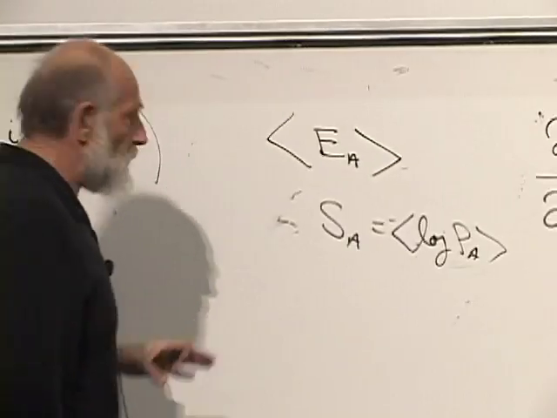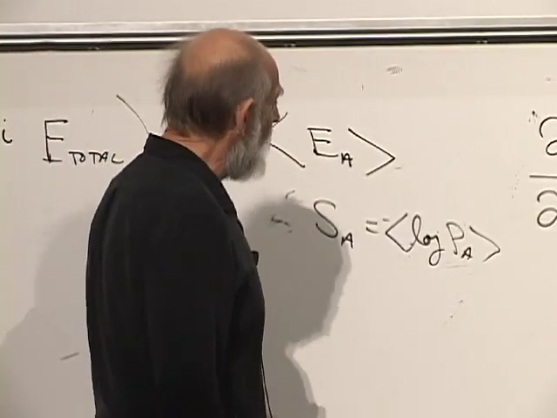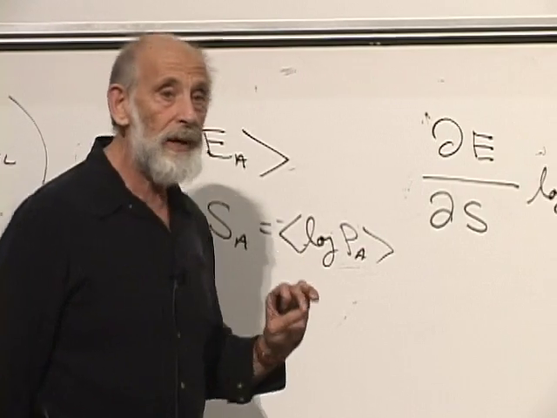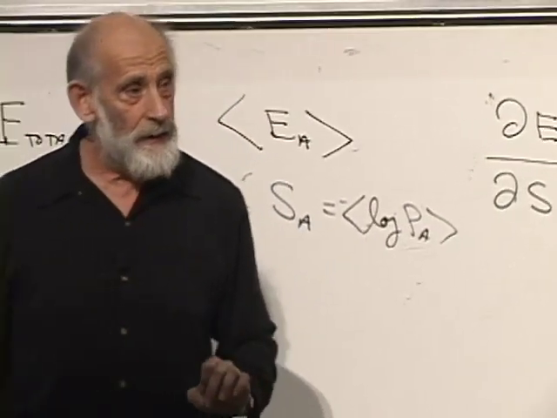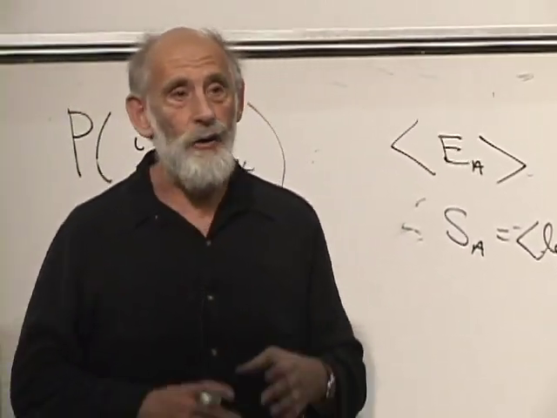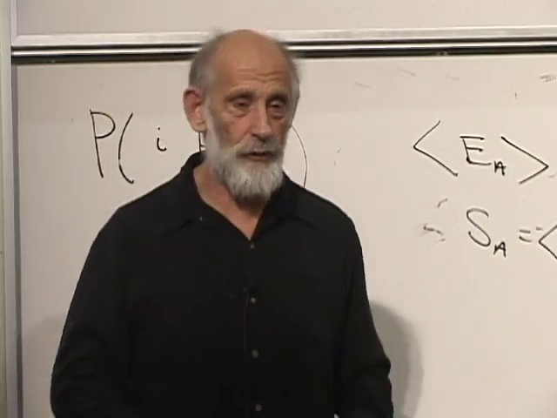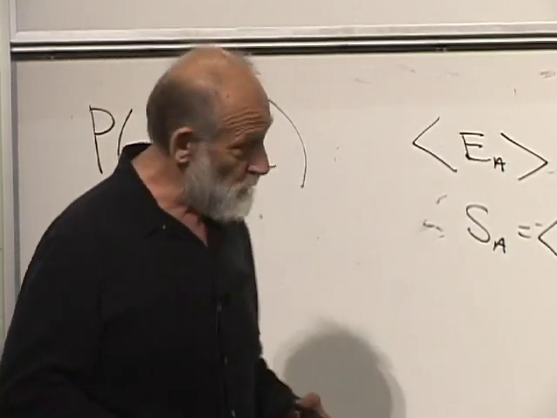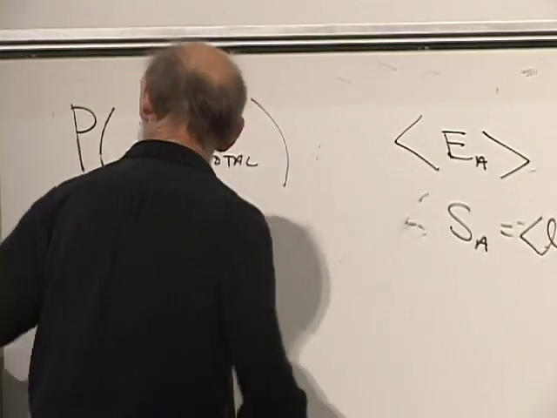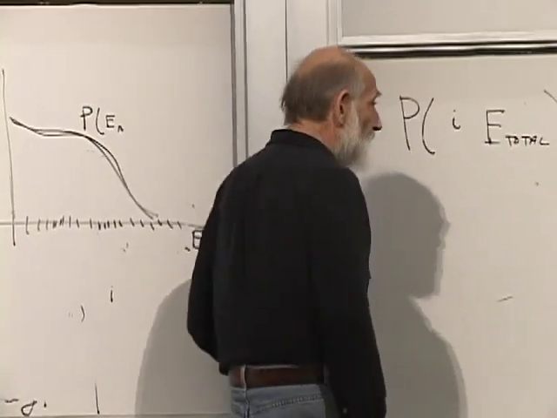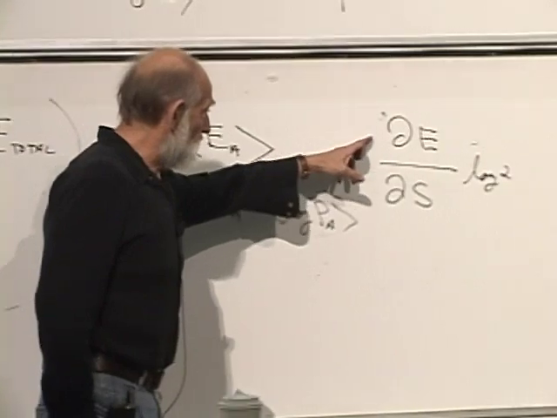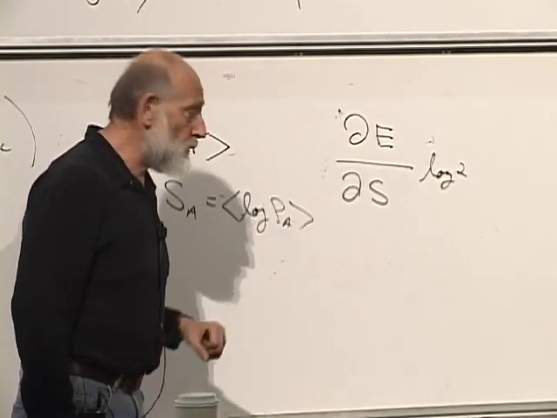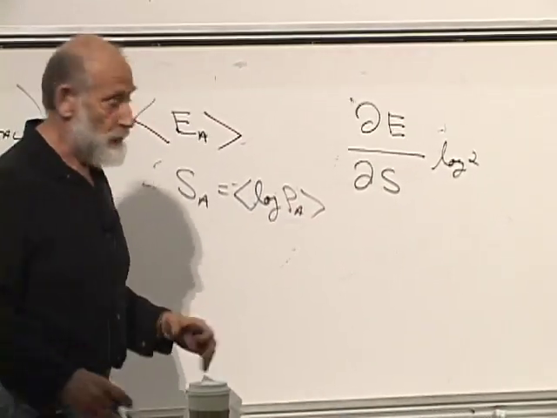And how much must you change EA in order to change the entropy by 1 bit? In other words, to hide 1 more bit of information, to increase your ignorance by 1 bit of information. How much energy do you have to put into A? This derivative, the change in energy per unit entropy, is called the temperature.